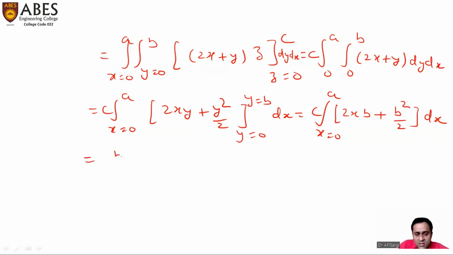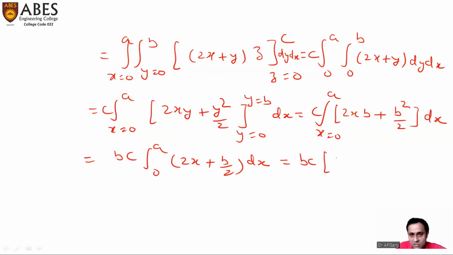So b is common, so it is bc, limit 0 to a, it will be 2x plus b by 2. Just integrate with respect to x, then the integration of 2x with respect to x will be x square by 2 plus b by 2 into x, and then put the limit x equals 0 to a.